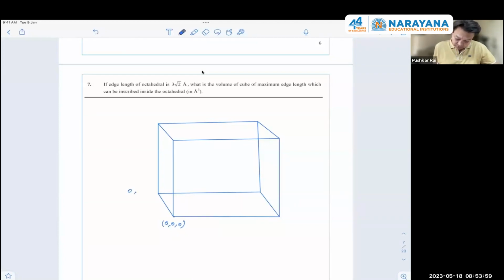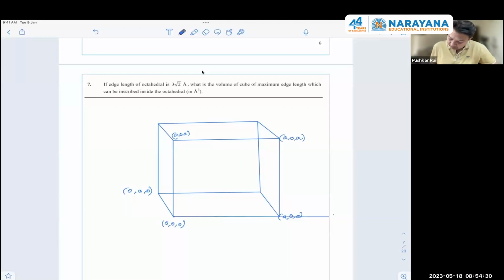It is 0, a, 0. This point is a, 0, 0. And this point is 0, 0, a. You proceed like this. And this point is a, 0, a. All right. Am I clear?